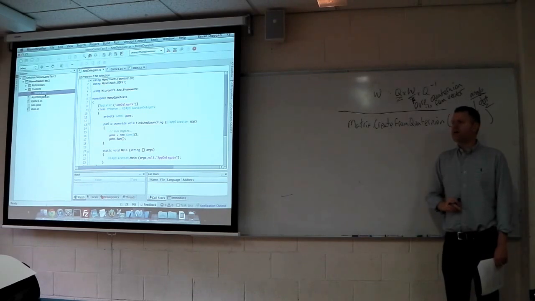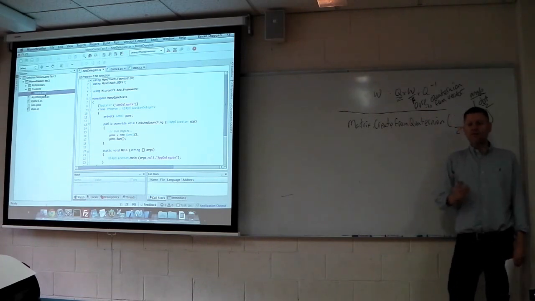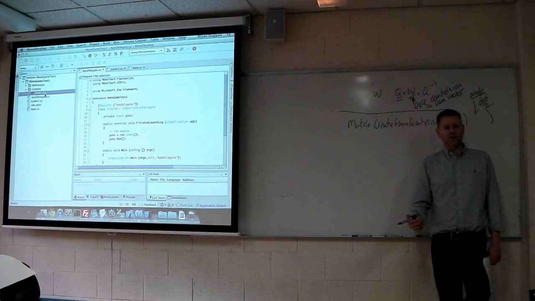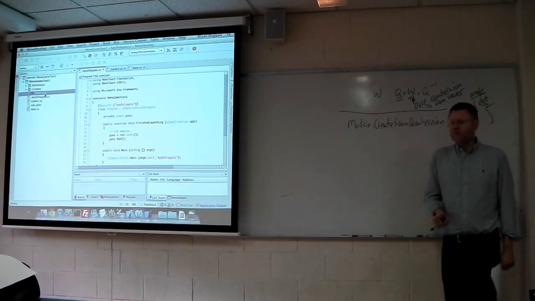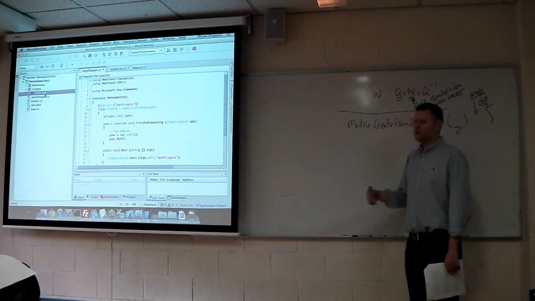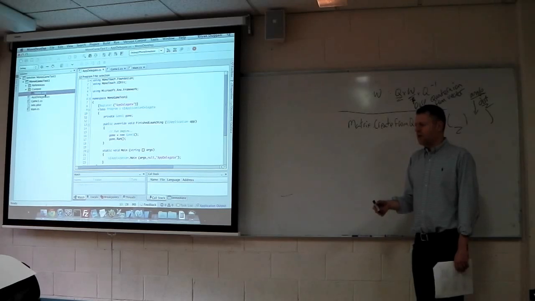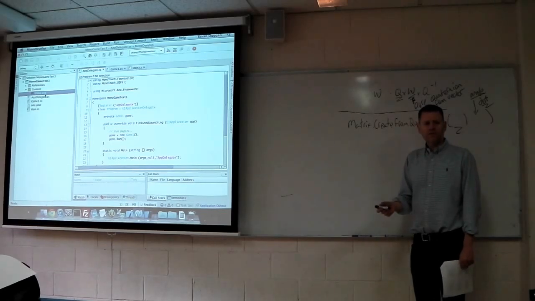How would we combine multiple quaternions, and what does it mean when we combine them? It means that you do one rotation followed by another rotation. But in the same way as matrix multiplication, quaternion multiplication is not commutative.